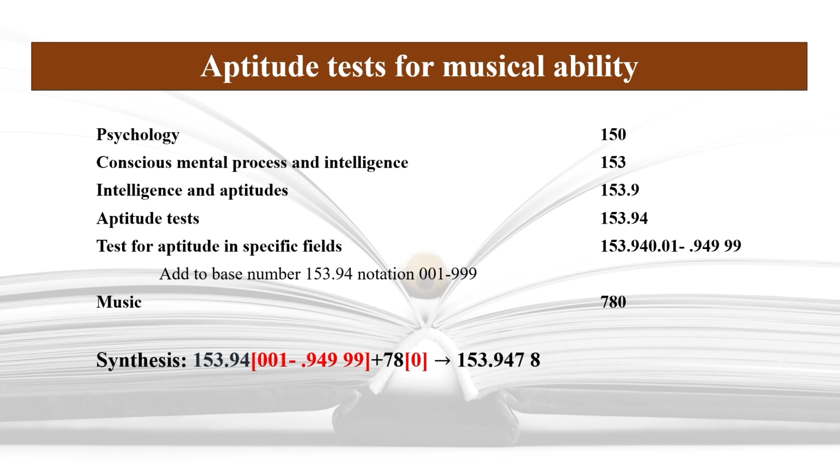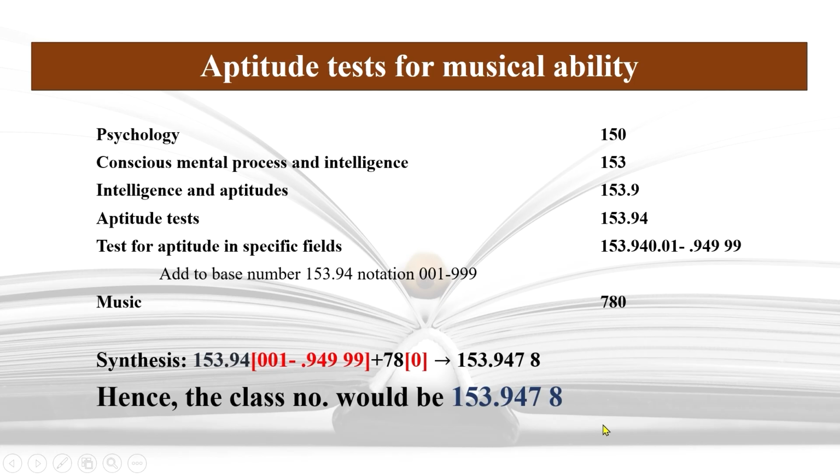Therefore with 153.94 we have to add the number for music, that is 780. But you know the last or the third 0 in case of DDC is used as a filling digit, so in this particular case the 0 is not required. Therefore the final number will be 153.9478.